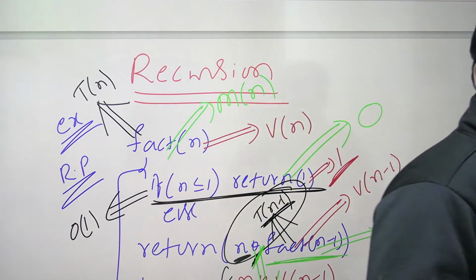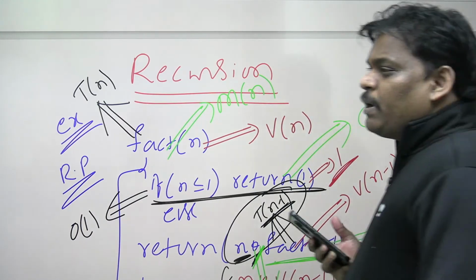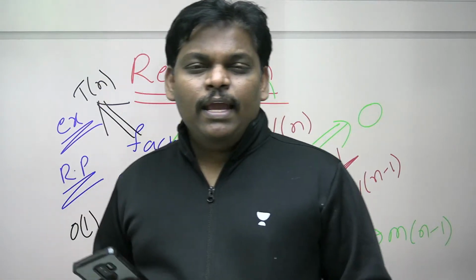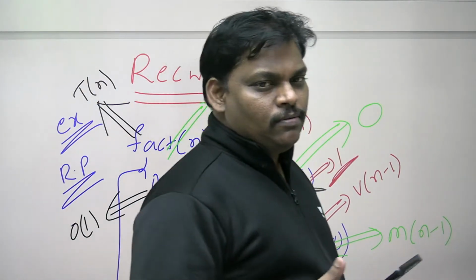Can you write the recurrence relation for A of n? Can you try once?